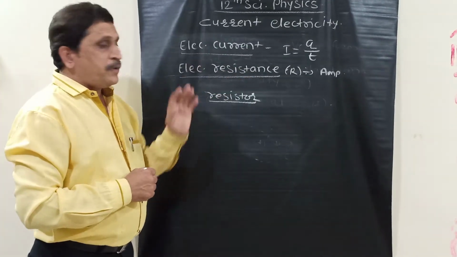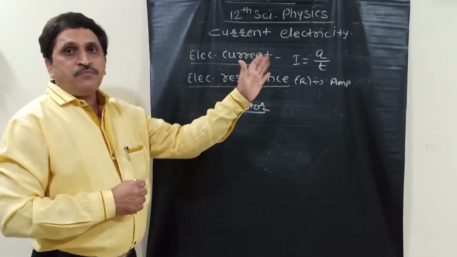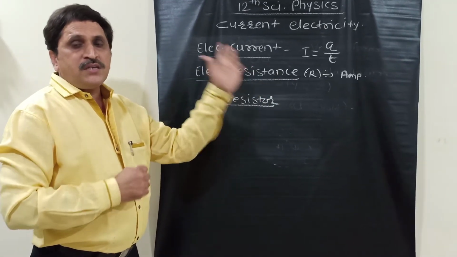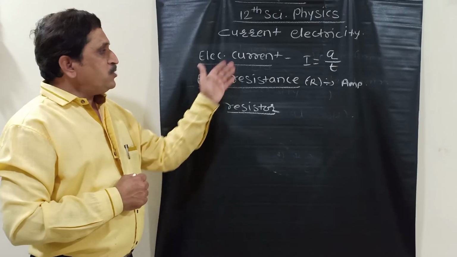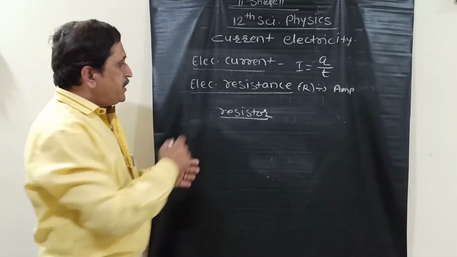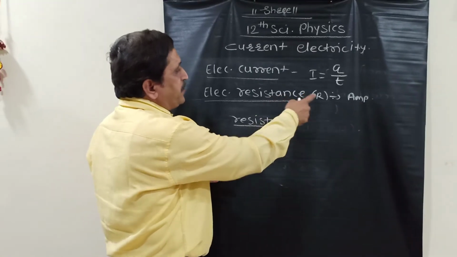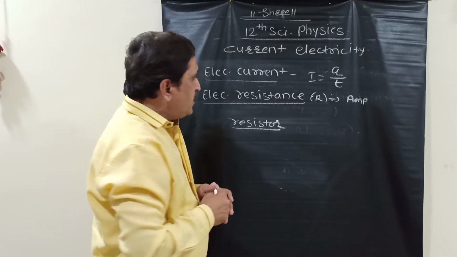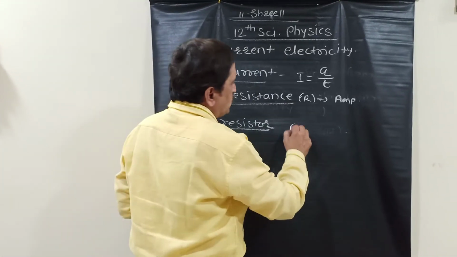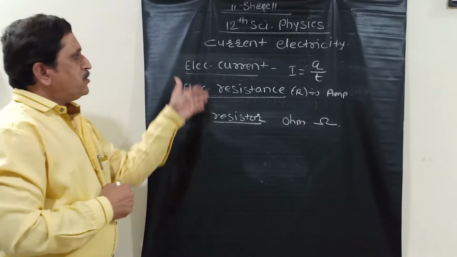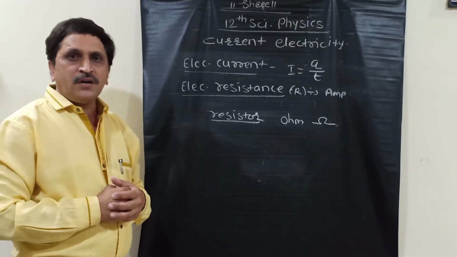Because of that property, that material opposes the flow of electric current, and the material which shows such type of property, that means opposition to the electric current, is known as resistor. Now resistance is represented by capital letter R. SI unit of resistance is ohm. In symbolic form we can write all these things. Now this is about some basic terms related to this chapter.